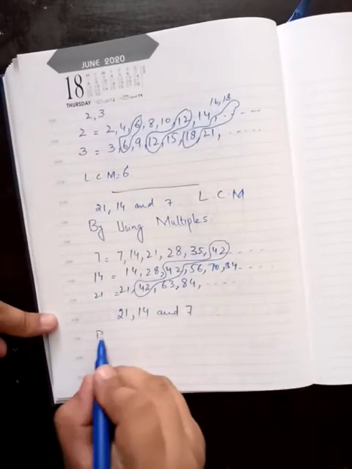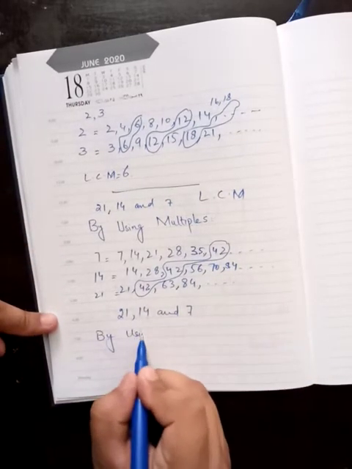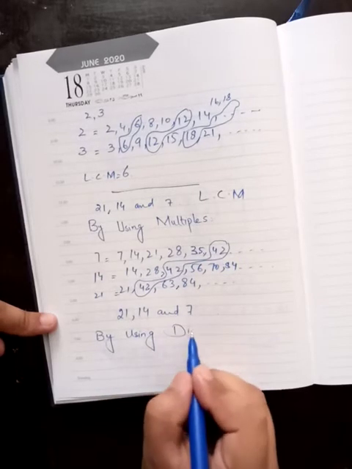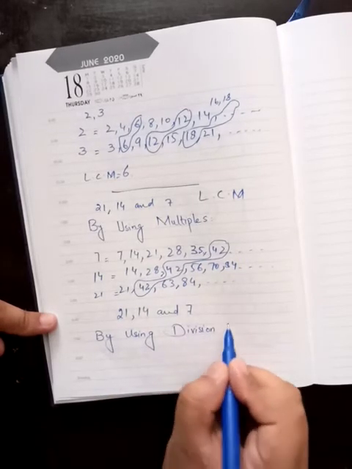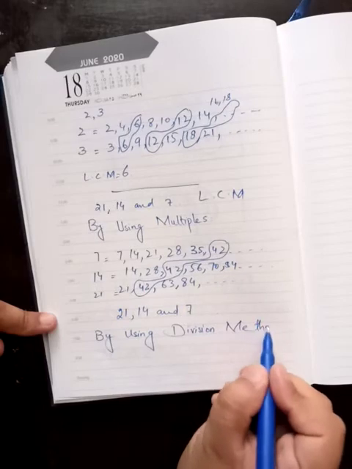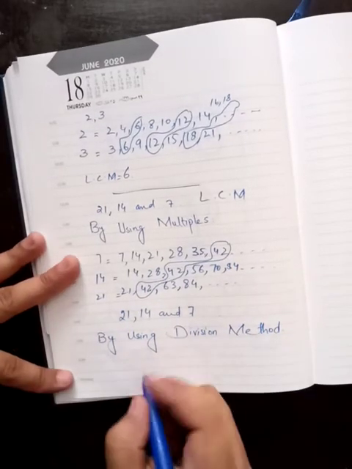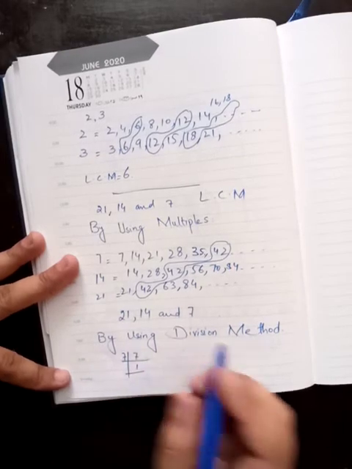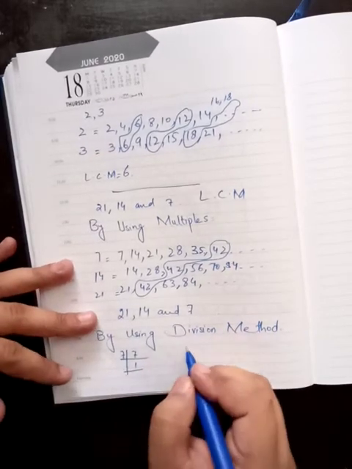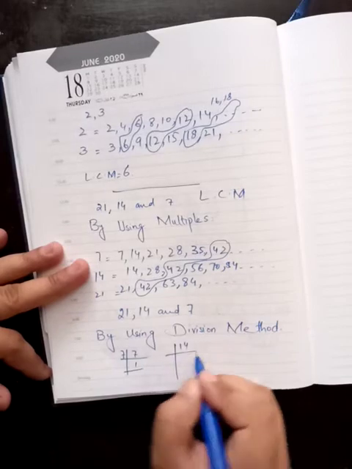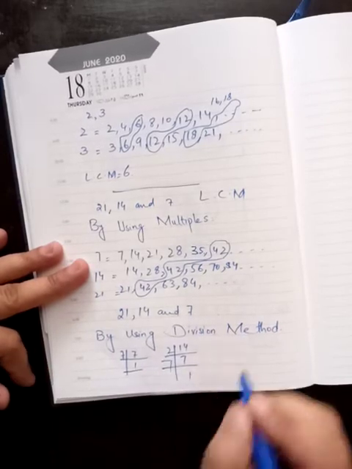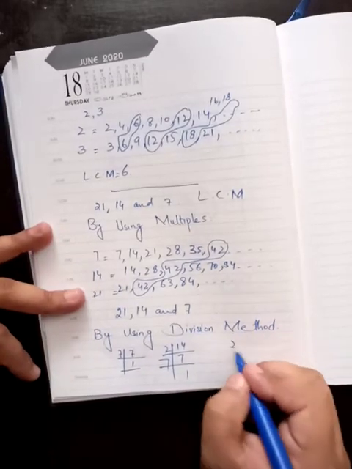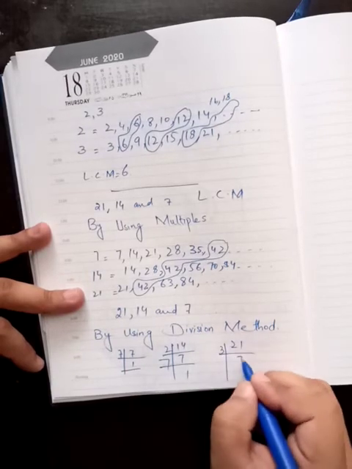Now by using the division method, I have to check the multiples of 7. 7 ones are 7. Now 14: 2 sevens are 14. 21: 3 sevens are 21.